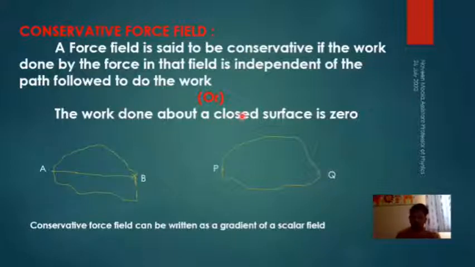In earlier cases, when we were dealing with mechanics, we saw central forces. The definition of central force is the force which is dependent only on the radial vector and independent of the path.